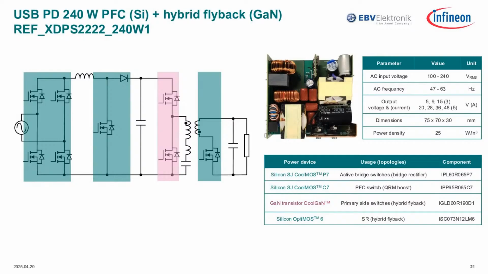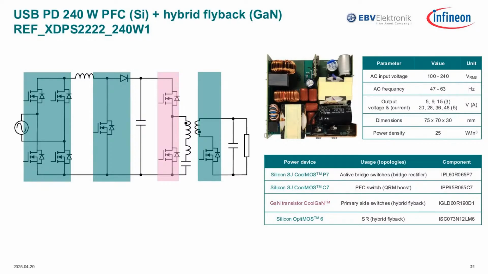We provide 240 watt output, which means a wide range of output voltage from 5 volt going up to 48 volt at a 5 ampere current. That is a short summary table of our device usage.